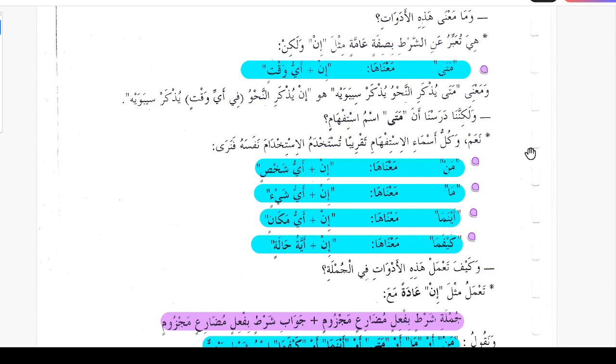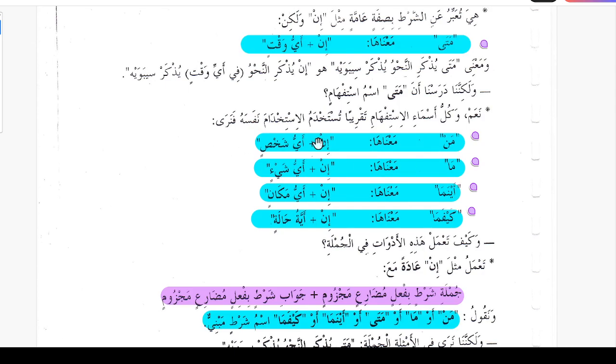Here we see man: man means in plus ayyu shaksin, any person. When we use ma, it means in plus ayyu shayin, anything. When we say aina ma, it means in plus ayyu makanin, any place. When we say kaifa ma, it means in plus ayyu halatin, any condition.